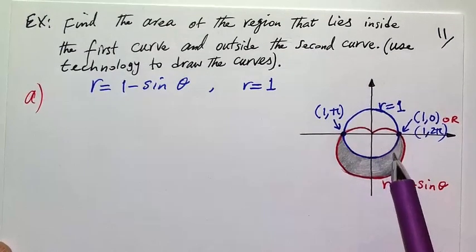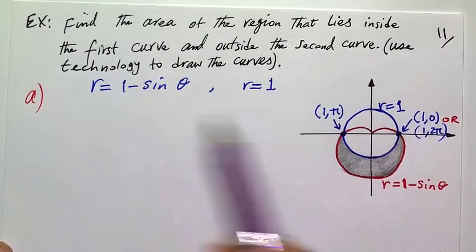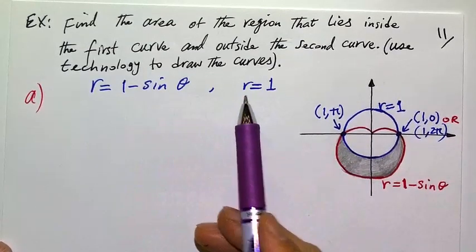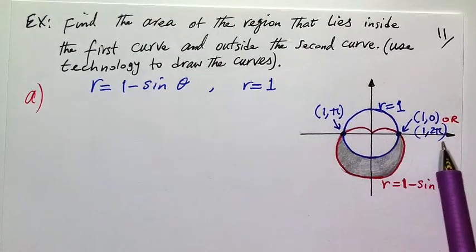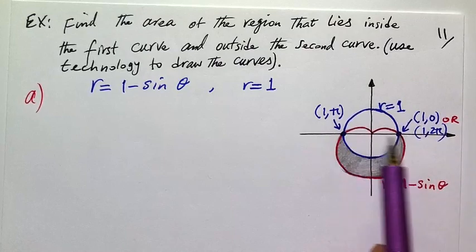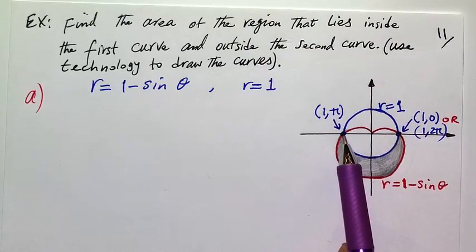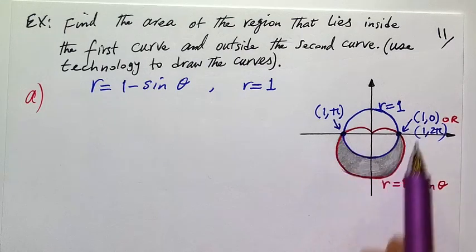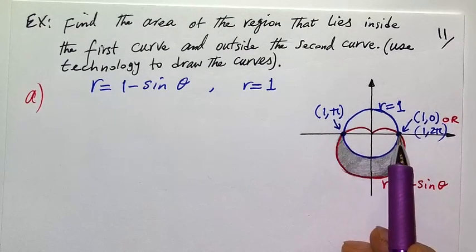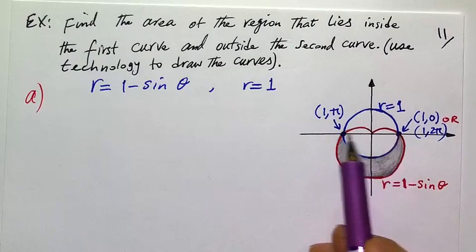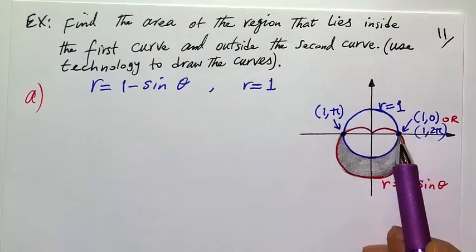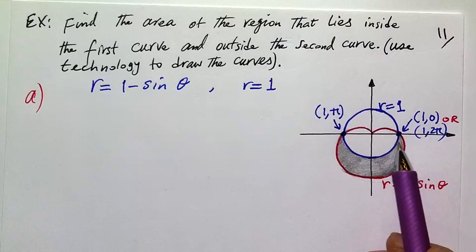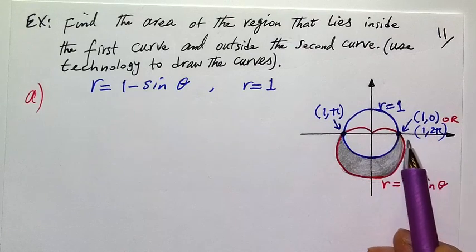After you trace both polar equations on the graph, it'll show you where they intersect. They intersect at these 2 points.